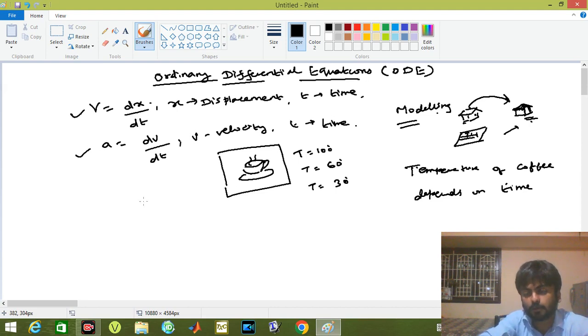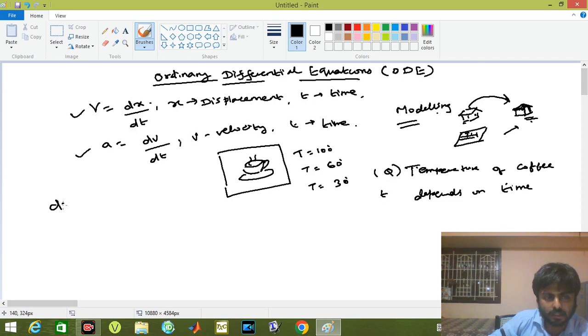Here we are going to see an example. Newton calls it dq by dt, where Q is the loss of temperature and t is the time. Here the temperature is getting decreased, so you can write minus k into T minus Ts.